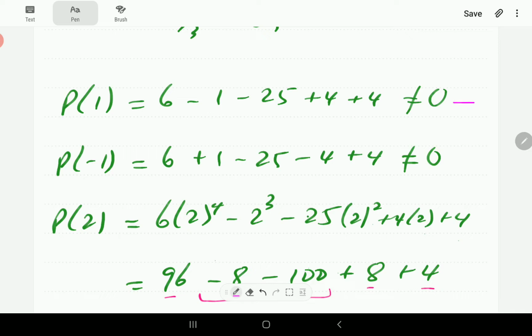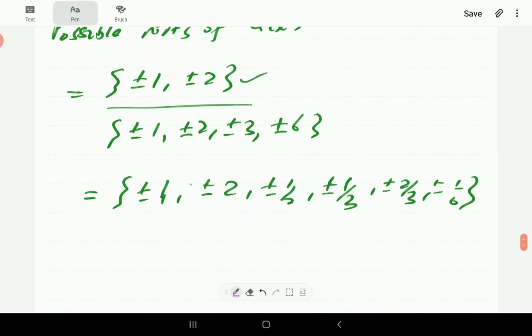If these were not roots of P, they cannot be roots of Q now, because Q, if you like, sits inside P. Q is a factor of P. So we're only going to start with 2, because if 2 is a factor of P, it can be a factor of Q as well.